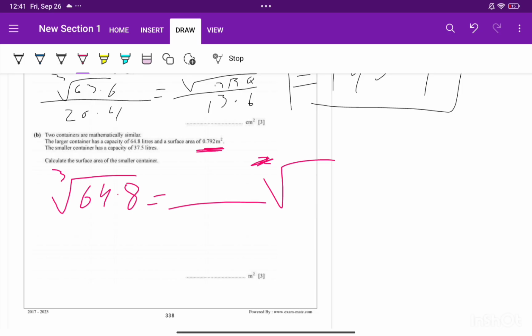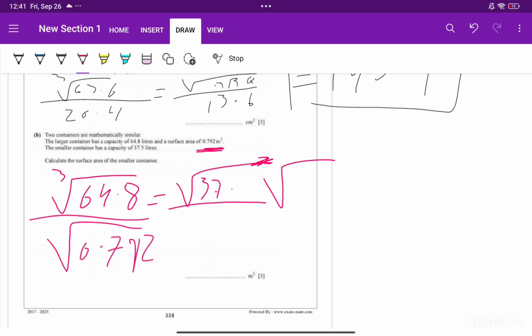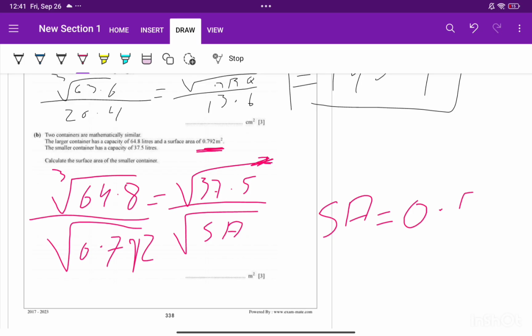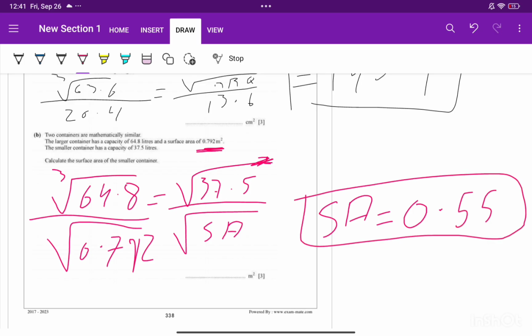So this is easy. We will do the square root of 0.792 and the cube root of 37.5 for the surface area of the smaller container. We will do this in the calculator, and the answer will come 0.55. This is our answer.